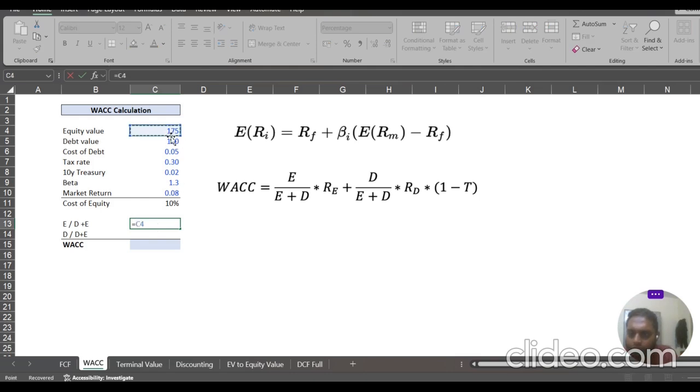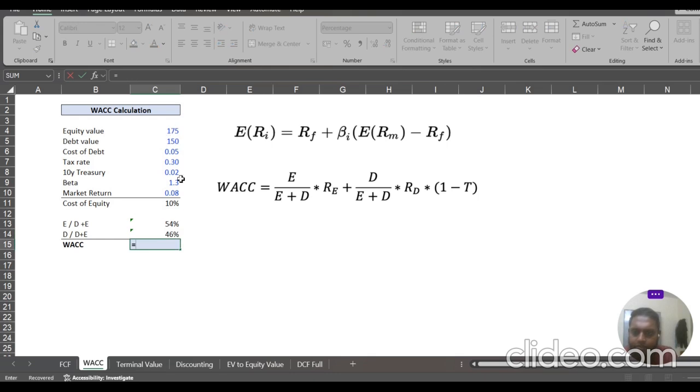Equity value is given here, divided by the sum of equity and debt, which is 54%. Similarly, we'll find this part divided by the sum of equity and debt, which is 46%.